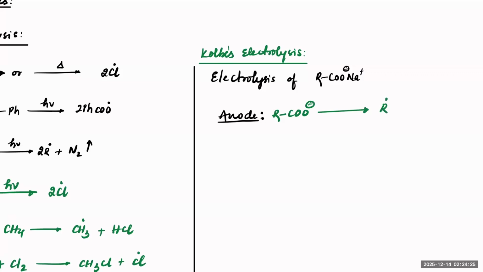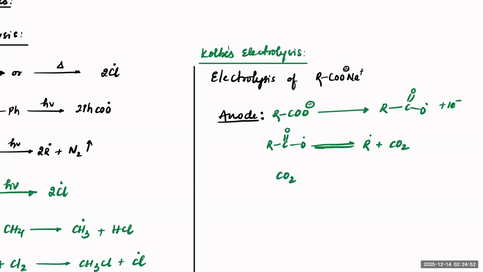It will start becoming R C double bond O dot plus one electron. So that means this electron has been lost and that minus has become a dot here. And thereafter I'll get this as C double bond O dot, and that will decompose itself to become R dot and CO2.